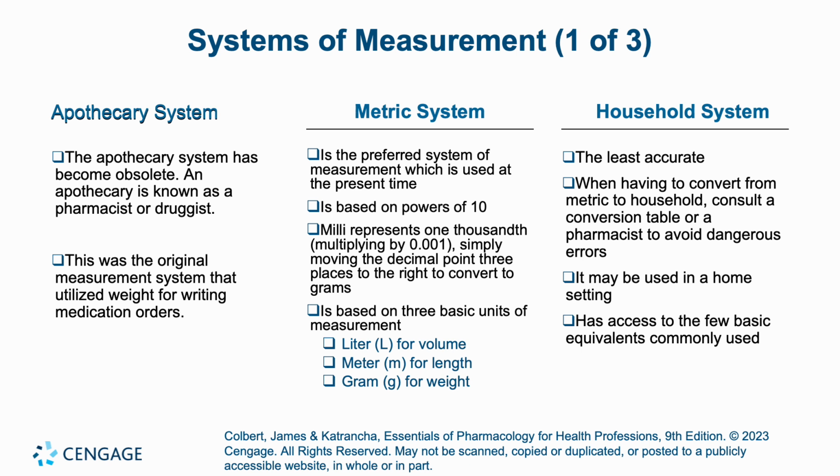So an example of a household system would be give 1 teaspoon of medication, but a teaspoon is 5 mLs. So it would be more accurate to use the metric system and say 5 mLs to ensure that there's consistency in size versus someone says, well, this is my smallest spoon, it must be a teaspoon, if that makes sense. So we want to make sure that we're always going with the most accurate system.